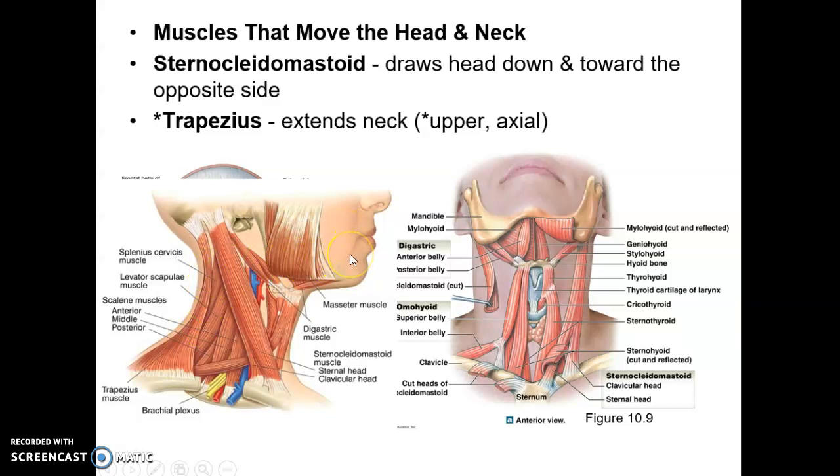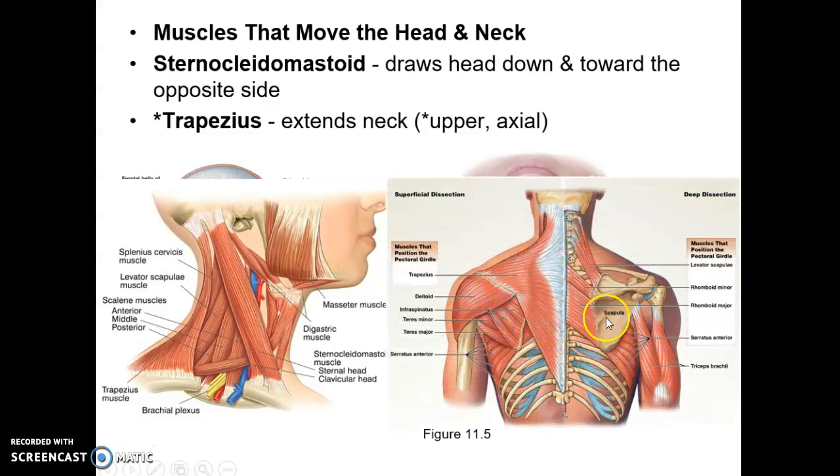Okay, extend the neck, extend the head. Okay. And then there's the sternocleidomastoid again, partially cut here. Notice that not all of the trapezius would lift the head, extend the head or the neck, only the upper portion here. Okay?